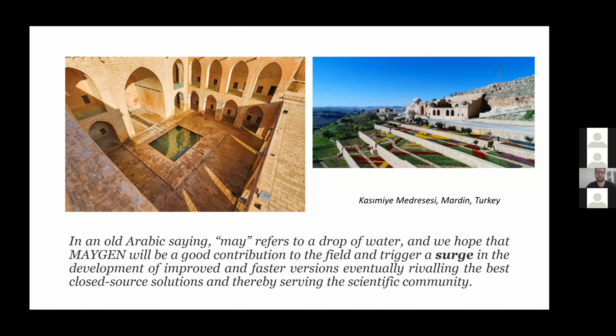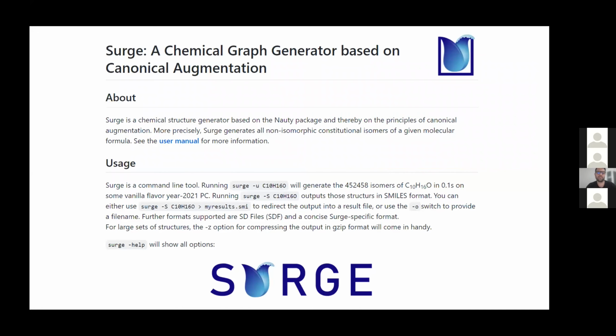Why is surge important, and why did I say MAYGEN was the fastest structure generator until yesterday night? We released yesterday night, before my talk, Surge, a chemical graph generator based on canonical augmentation. This is just a screenshot from the GitHub repository, so it is a public repository, and we will soon submit the preprint and the paper.